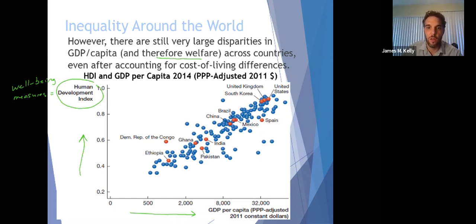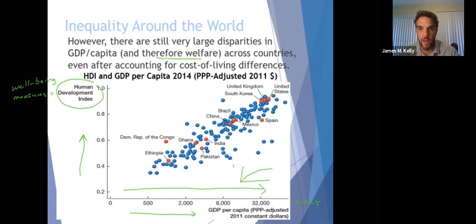Now, notice the scale on the x-axis here is a little bit skewed. It's a logarithmic scale, so it quadruples every tick mark here, which means that if it wasn't a logarithmic scale, the real relationship between real GDP and happiness would look something like this, where we have happiness on the y-axis and real GDP per capita on the x-axis.